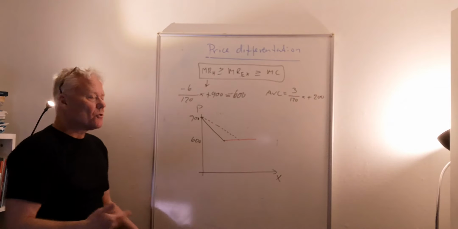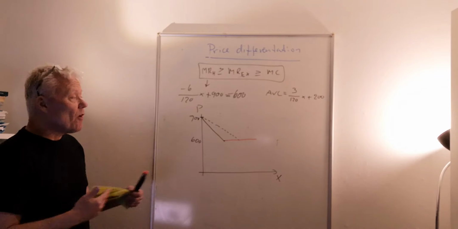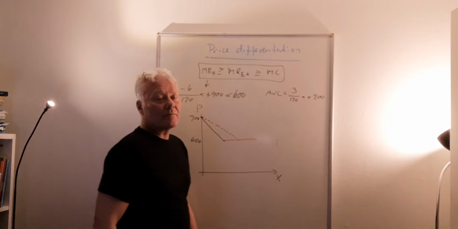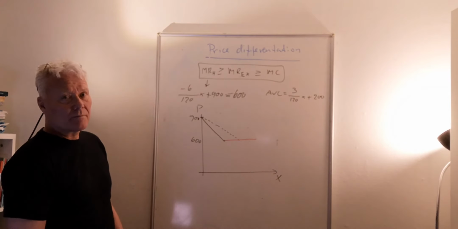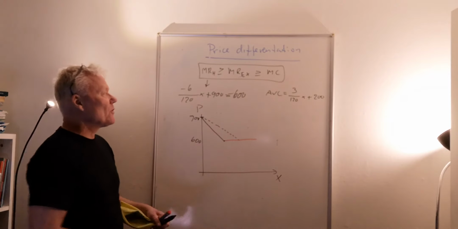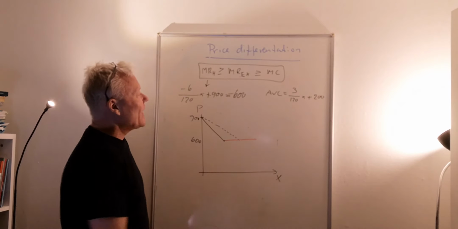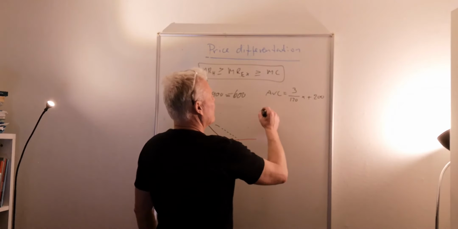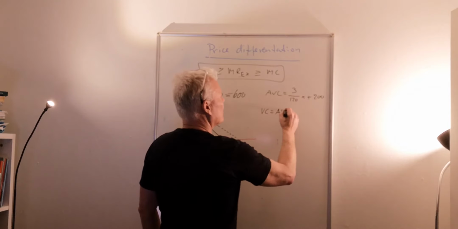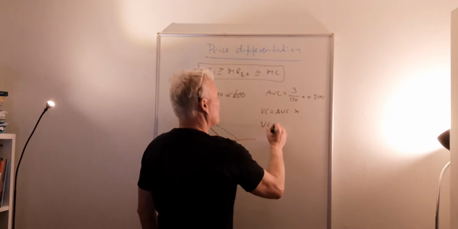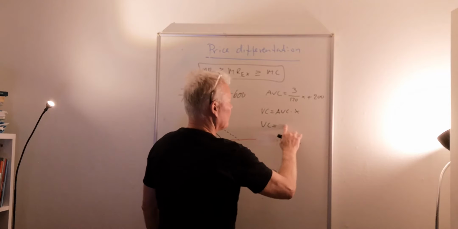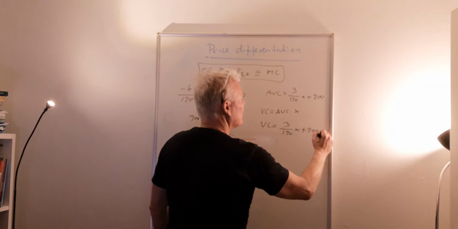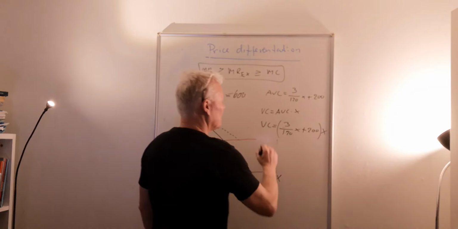The only thing we need to optimize how much we're going to sell, the volume as we call it, is to find the marginal cost from the average variable cost. Well, it's basically the same concept as the first one. If you have the average variable cost, you can find the variable cost by multiplying it with x. So variable cost is equal to average variable cost times x. So the variable cost will be 3 over 120x plus 200, and then you multiply it with x, and then you have the variable cost.